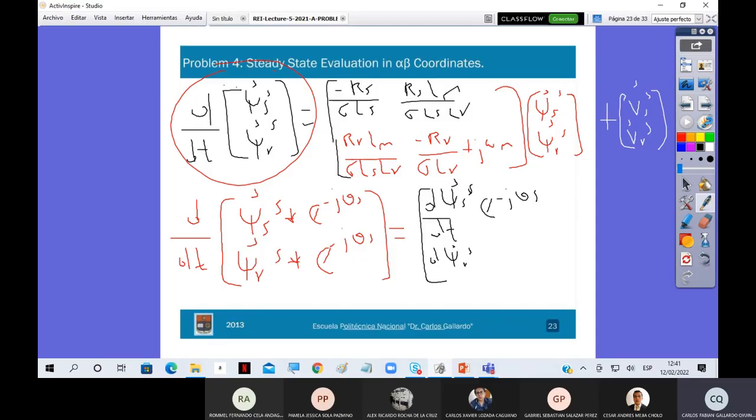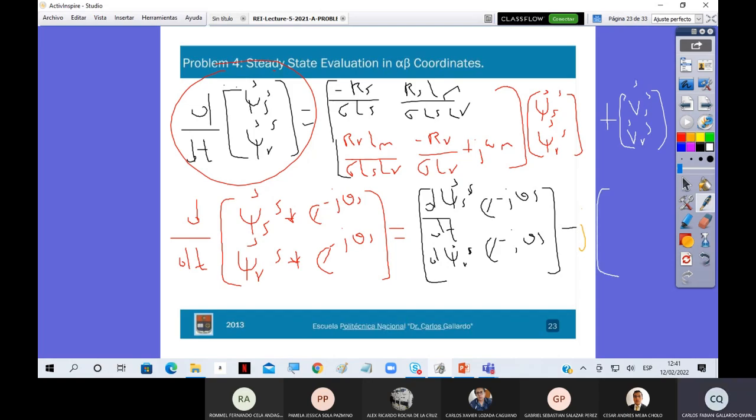The rotor flux space vector times... Okay, this is my first term.